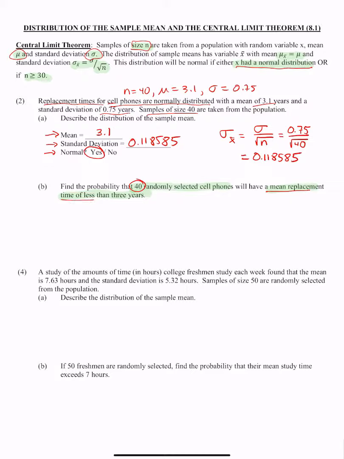So we're talking about the probability of a group. It's a group average. We want the probability that the average of this group will be less than 3 years. So we know that we have a normal distribution for x bar, and we know its mean is 3.1, and its standard deviation is 0.118585. So now we can flip over to our app, and we will be able to get the probability for that.